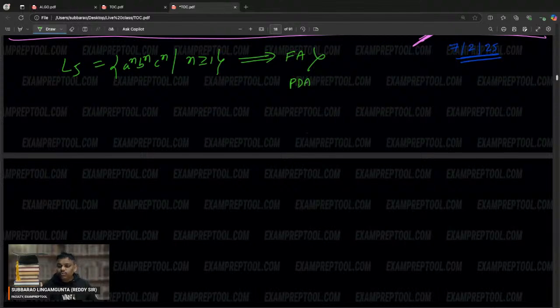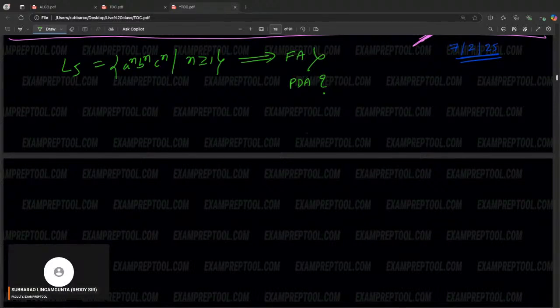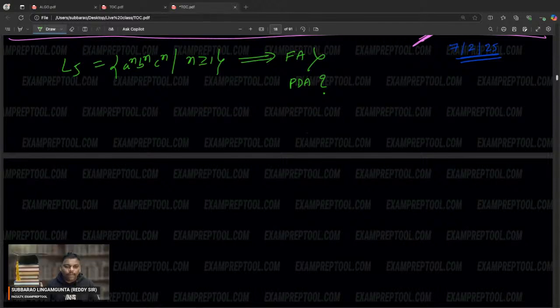PDA means, can you do it with one stack? How many people have done this homework?